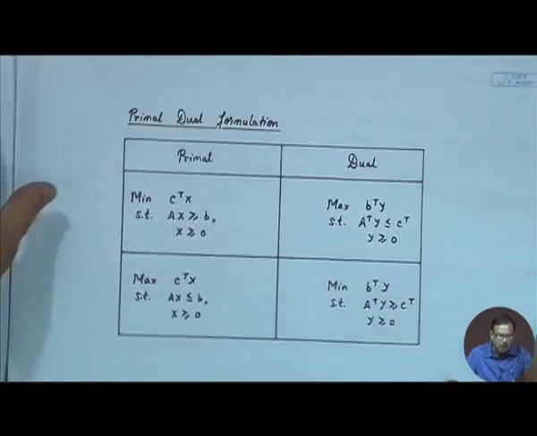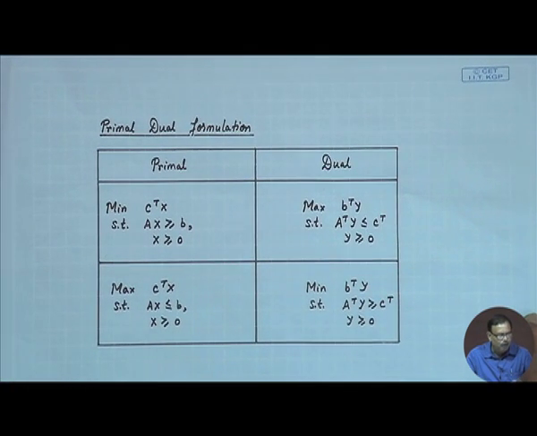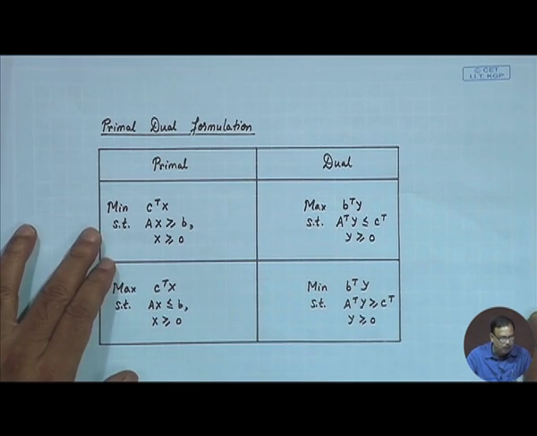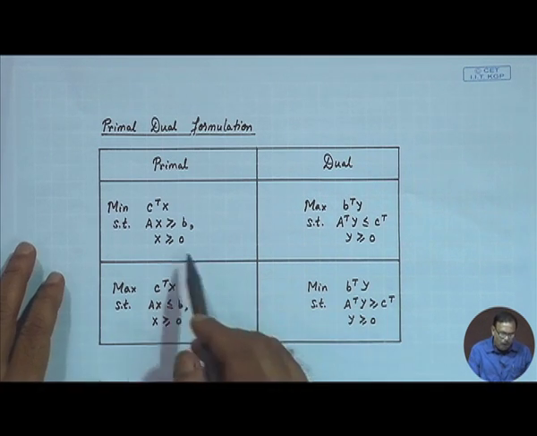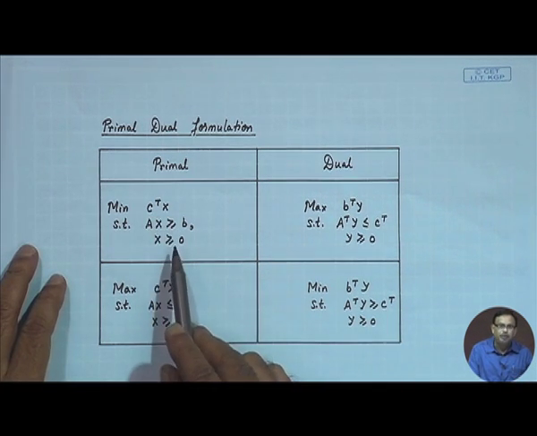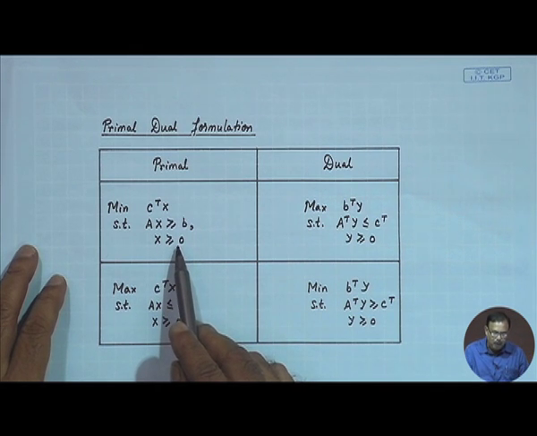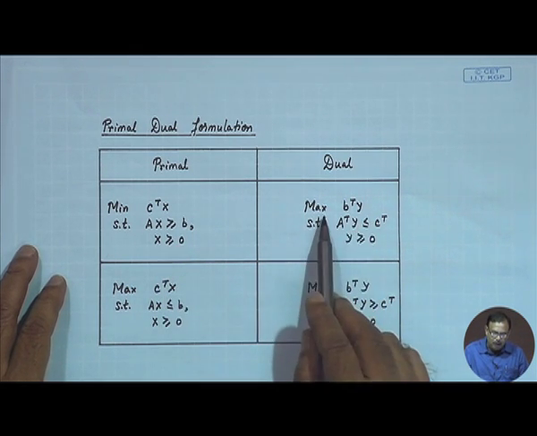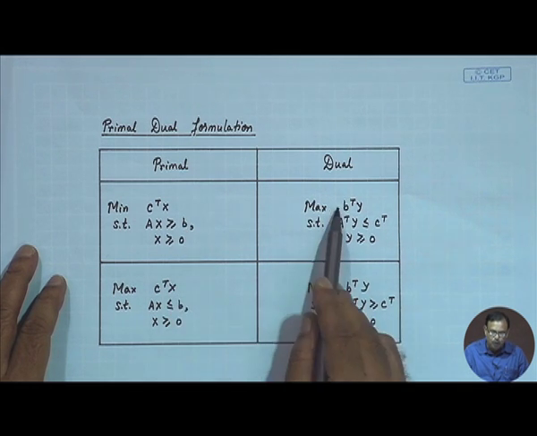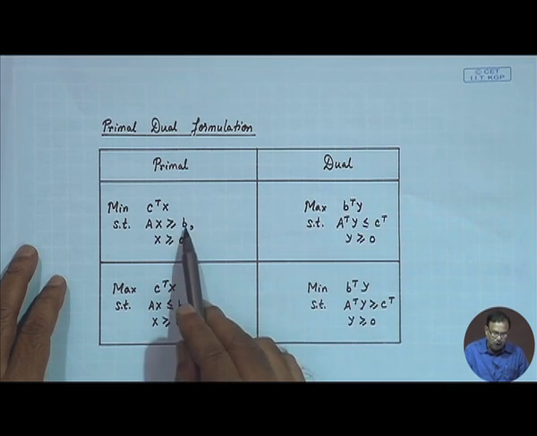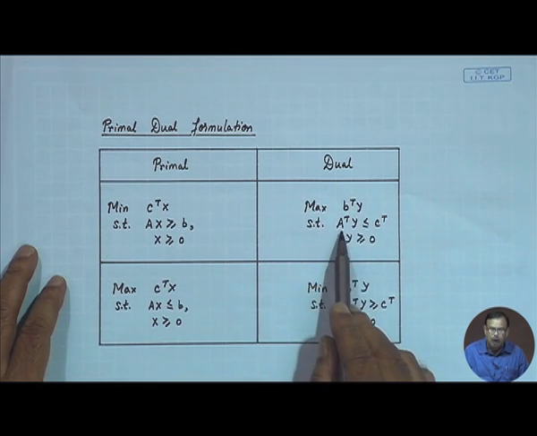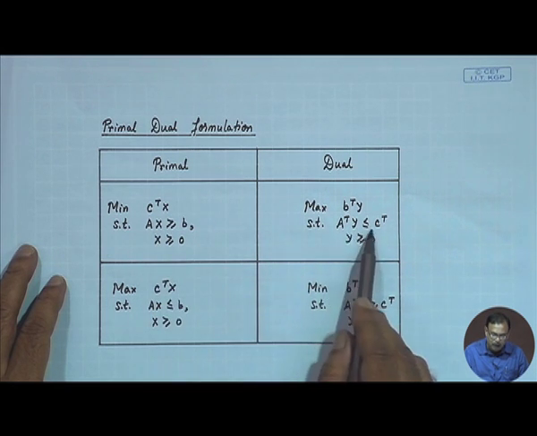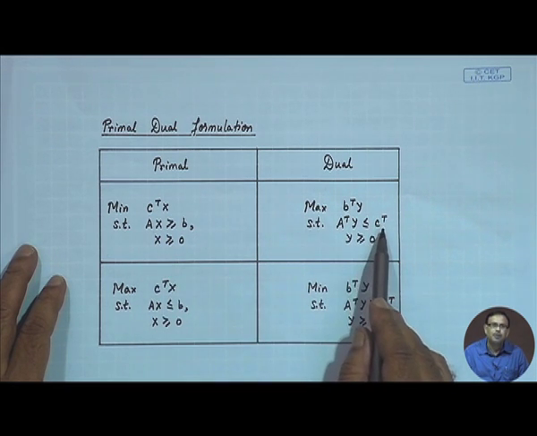So, we can say that for the primal dual formulation, you have the primal problem, which you can write in this form: minimize C transpose X subject to Ax greater than or equal to B, x greater than or equal to 0, where its dual will be maximize B transpose Y, with some new variable Y, subject to A transpose Y less than or equal to C transpose.